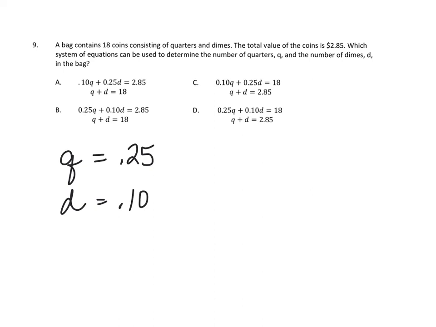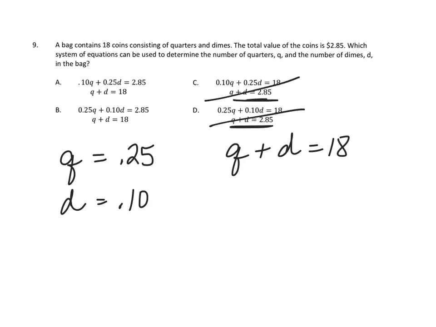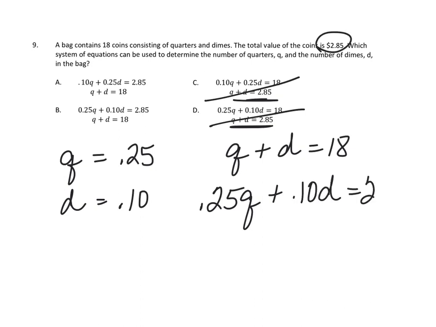All right, so when we have 18 coins, we have quarters plus dimes is going to equal 18. So we can already cross off these two equations because they have the quarters and dimes equaling money. And now we know that the 0.25 should be with the quarters: 0.25Q plus the 0.10D is equal to $2.85.